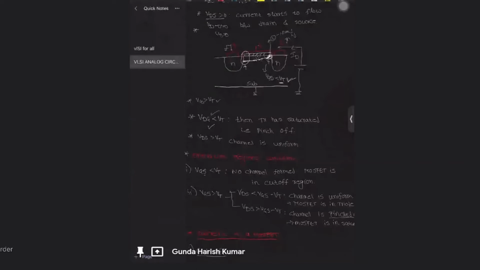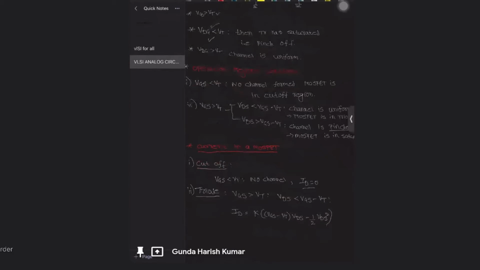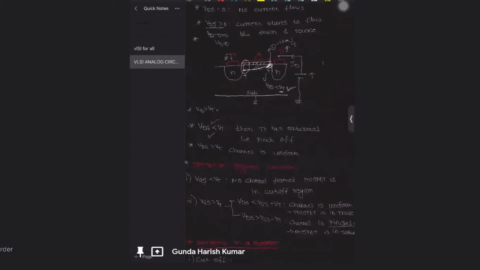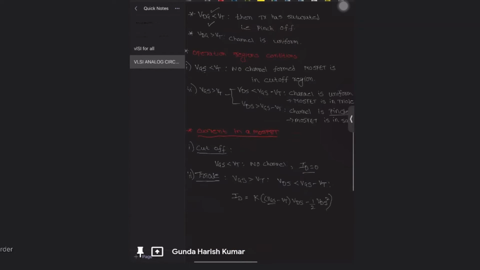In this you can see that it depends on VDS because there is a channel between source and drain. If you increase VD, there will be more flow of electrons. Also VGS has a role, because if VGS increases, the channel width increases and more current flows.